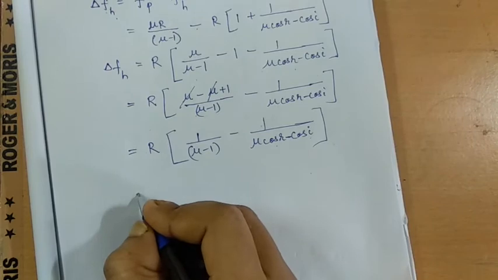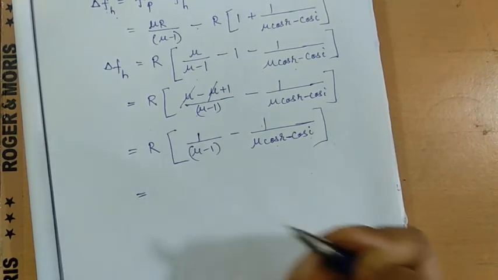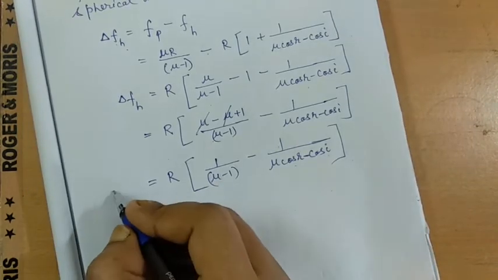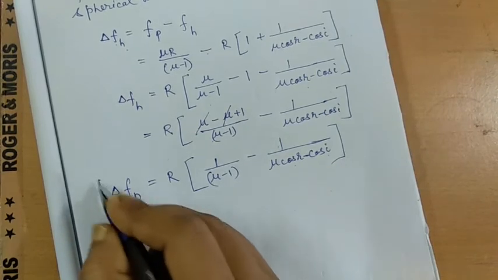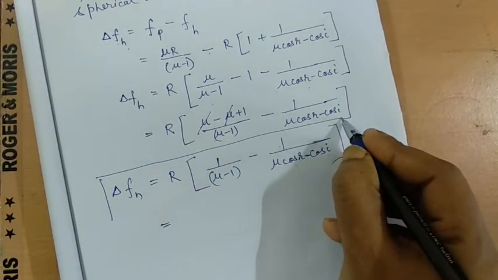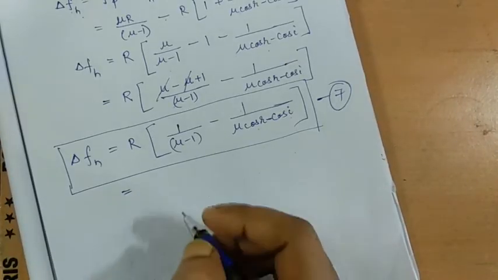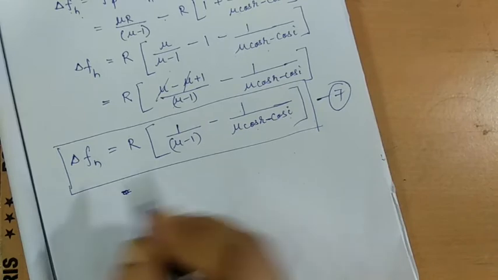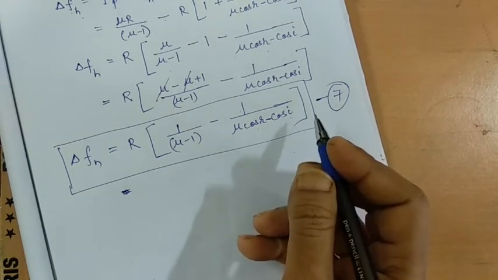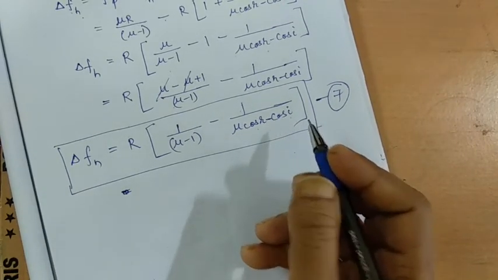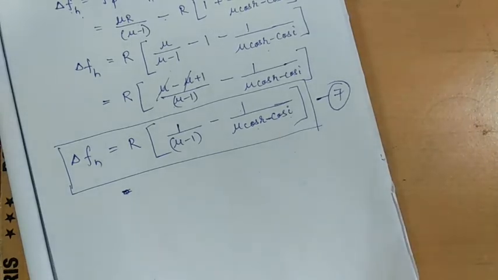You can give this an equation number. We had equation 6, so let's say this is my equation 7. This equation 7 represents the longitudinal spherical aberration. This is how we can find the longitudinal spherical aberration in a spherical refracting surface.